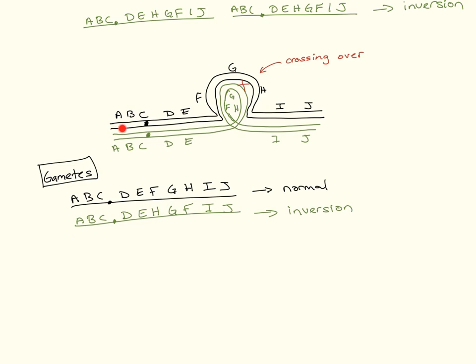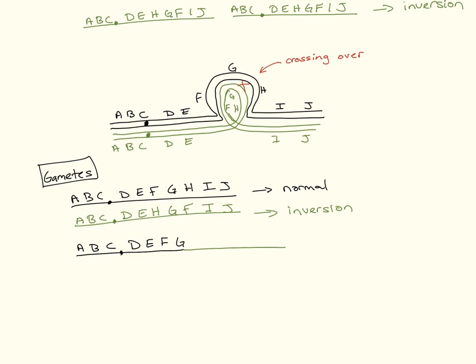So we're going to have A, B, C, D, E, and as we go around here, we have F, G, and then we're going to switch over, and we'll get a crossing over, and now we're going to start with the green one, and we're going to have H from the green one, and goes back to E, D, C, B, A. So if we draw that out, we have A, B, C segments, the centromere, D, E, F, G, and here's where the crossing over event occurred.